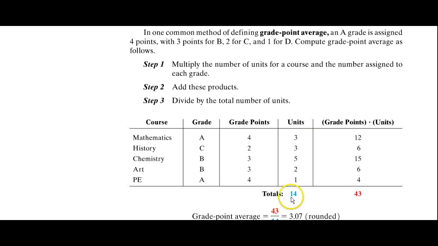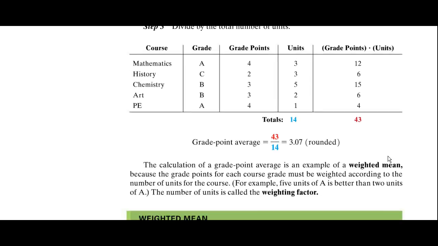Now there are 14 units, and the sum of the grade points would be 43. So in this case, we would take our sum of grade points, 43, divided by the number of units, 14. So the grade point average is 3.07.